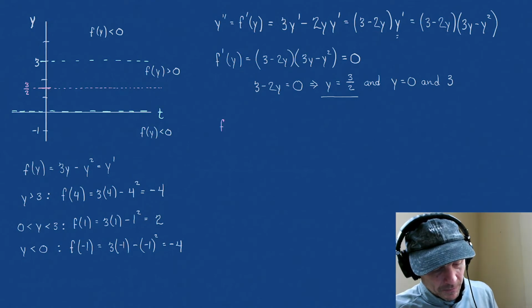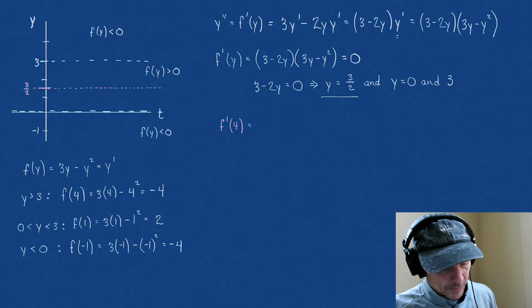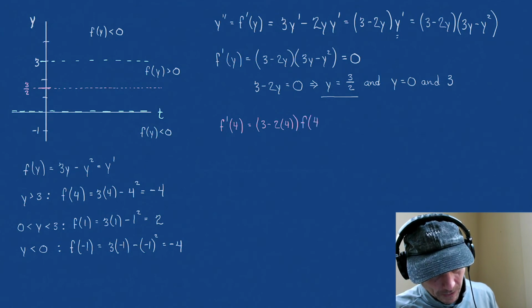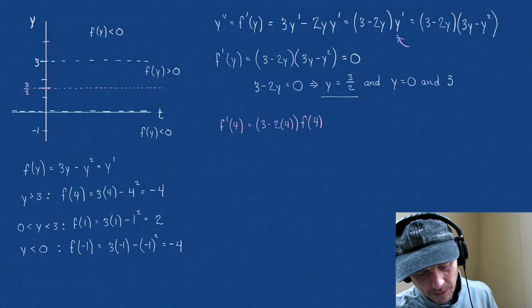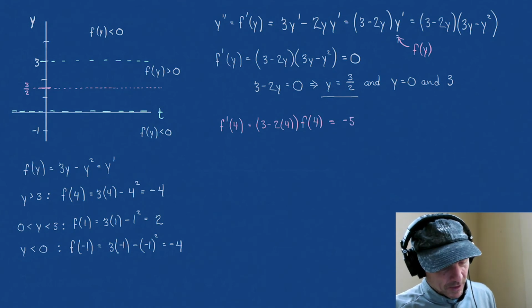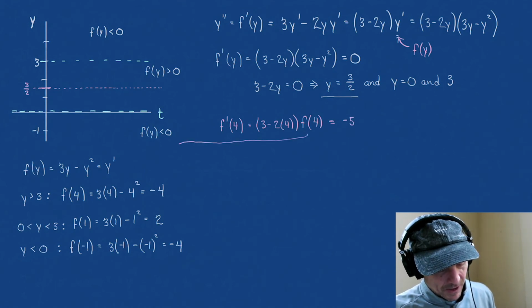So now f prime of 4, well, this is going to equal, ready? 3 minus 2 times 4 times f of 4. Remember, y prime is the same as f of y. Well, we've already figured this out, so this is going to be 3 minus 8. So that's going to be a -5. And then the f of 4 we already figured out. We already figured that out right there.